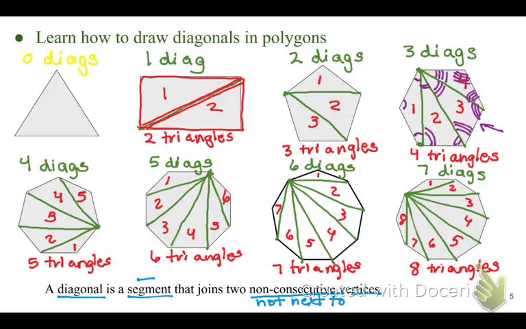Okay, so we have 4 triangles at 180 degrees apiece. 4 times 180 degrees equals 720 degrees. So all hexagons have 720 degrees. Okay, and it turns out that same calculation holds for all of these.